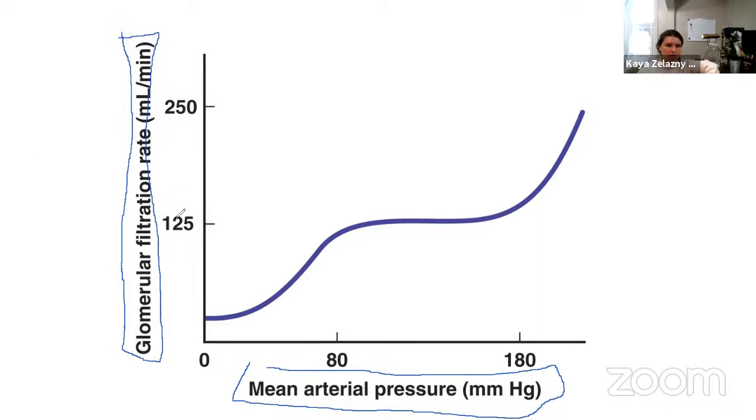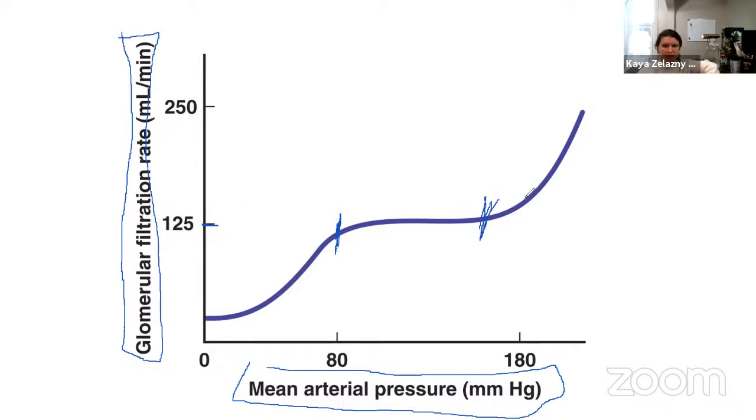Here we have our typical 125 milliliters per minute filtration rate. And we can see that there's a nice big range of mean arterial pressures where we have that same glomerular filtration rate.